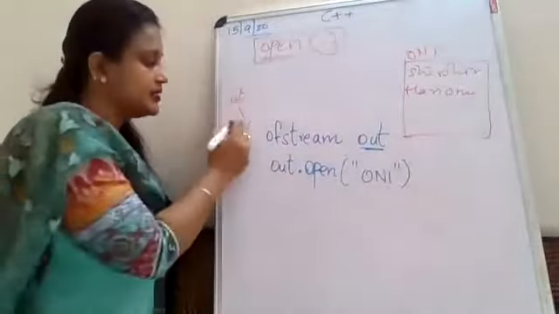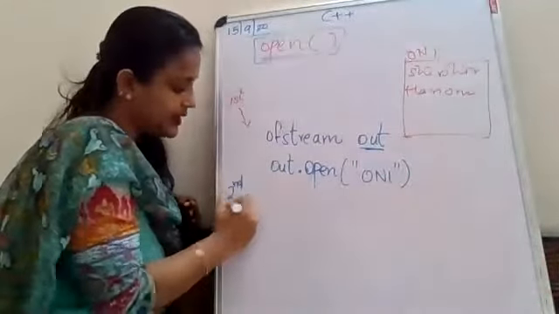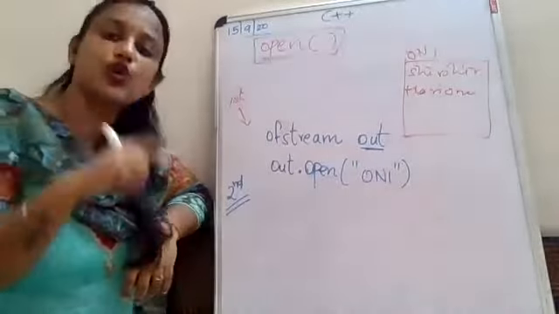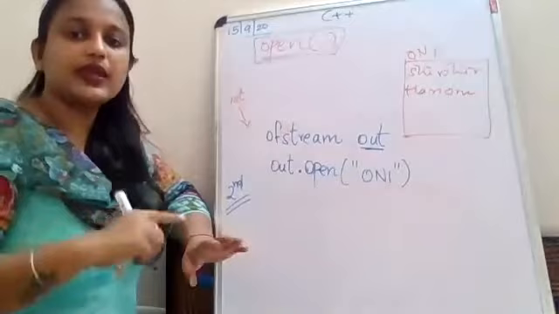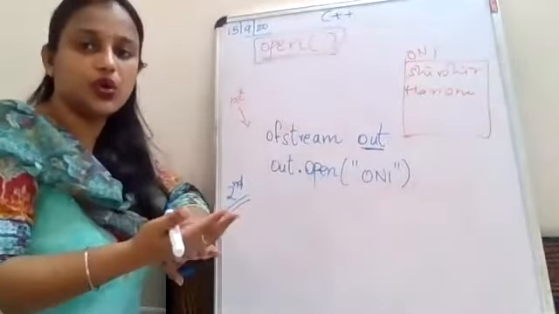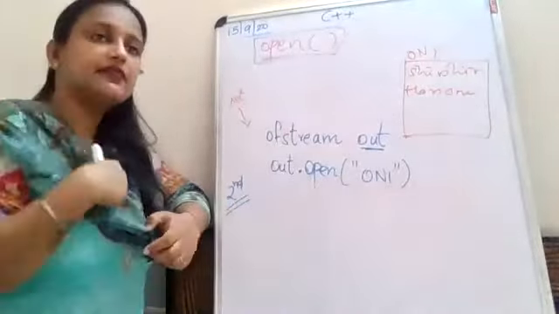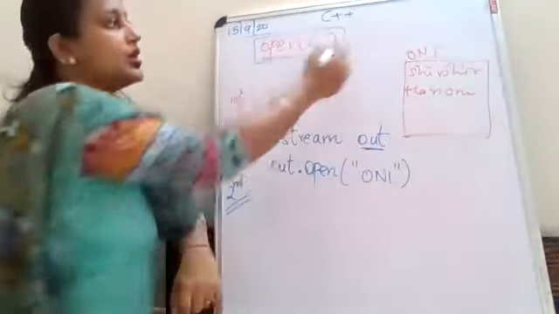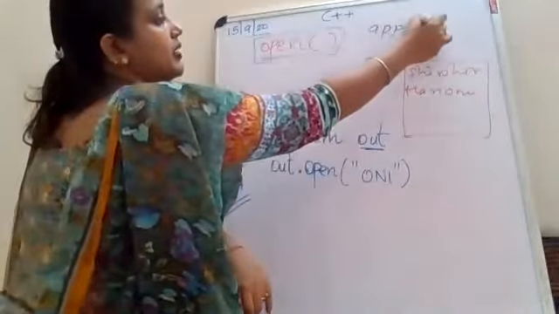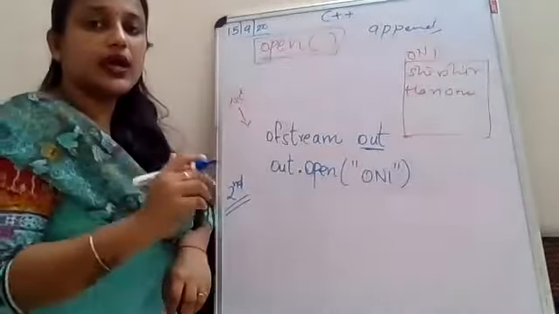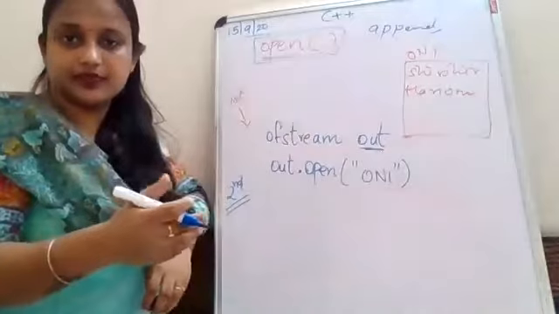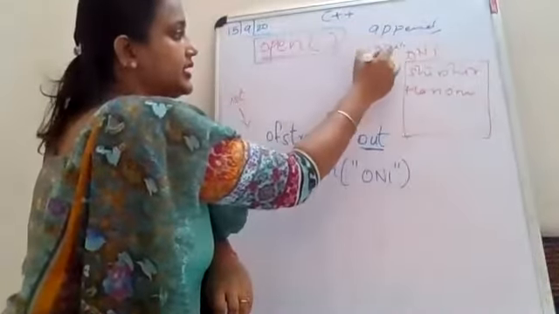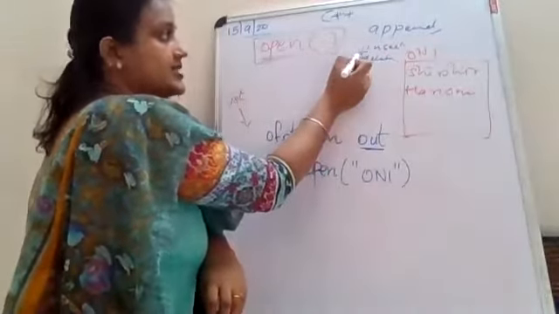The second method to open a file is you tell the compiler in which mode you want to open the file. It means whether you want to open the file in append mode. Now what is this append meaning? There are two things: insert and delete.